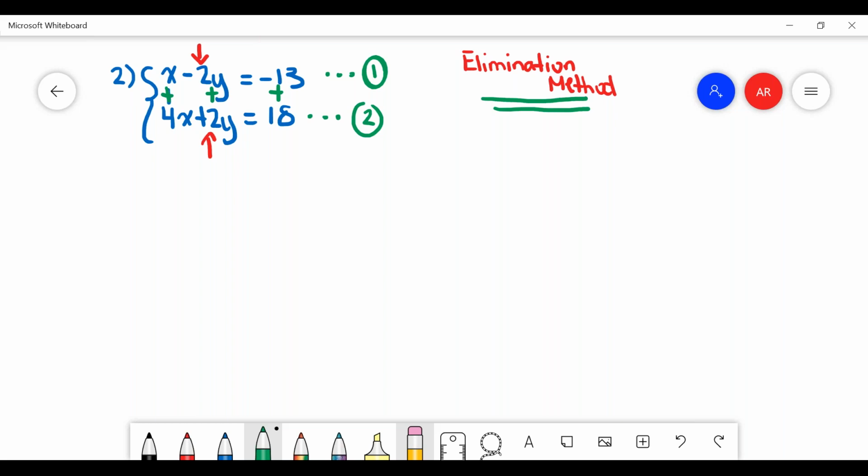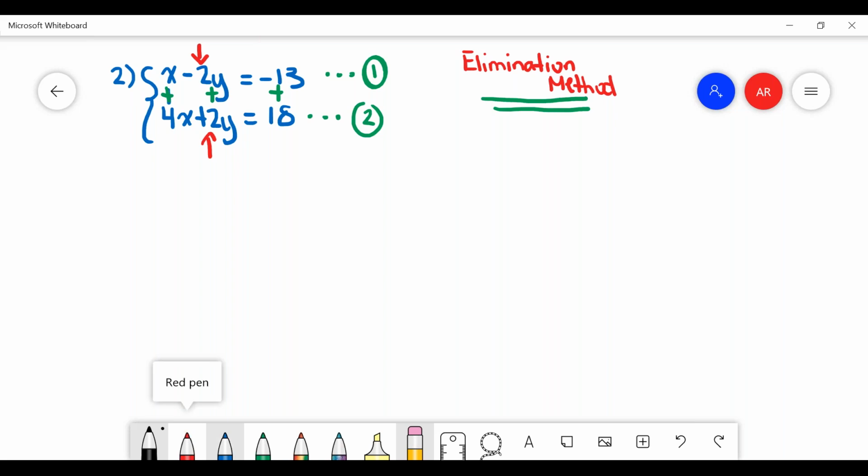So you'd be left with only things in terms of x, which would make it really easy to solve for x and then later on solve for y. Since the question already gives you variables which have opposite coefficients, one with a coefficient of -2 and the other with a coefficient of 2, you can easily add these and eliminate y because of this.